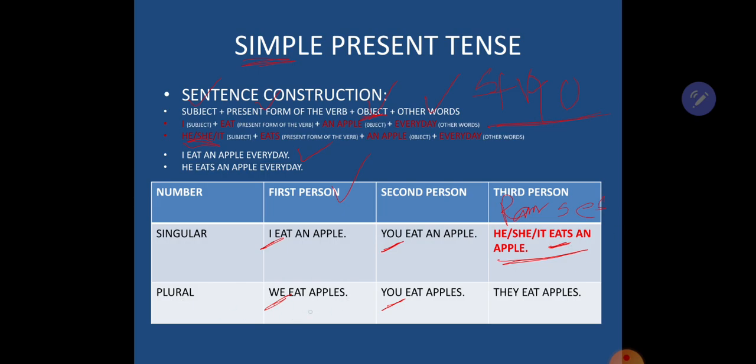In plural, we eat apples, you eat apples, and they eat apples. So the form is subject, present form of the verb. If it is third person singular, S or ES is added, plus object and other words. I hope you have understood this. I, you, we, plural you and they will not have any change in the verb, but if it is third person singular, the verb will take S or ES.